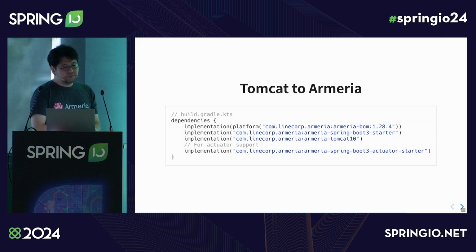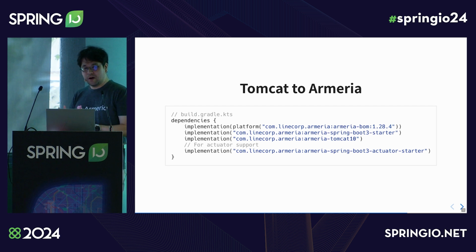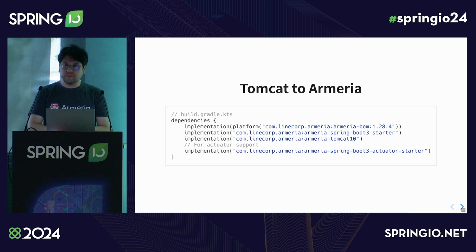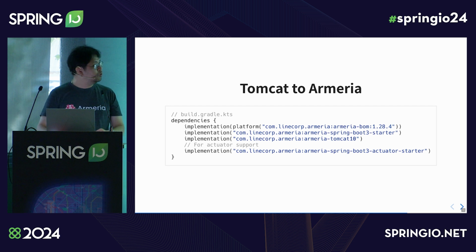And switching from Tomcat to Armeria is slightly more complex than switching from reactive stack, but it's still fairly straightforward. You first add some dependencies. This time you add Armeria Tomcat 10, so we can use Armeria's Tomcat integration. And besides that, there's no difference.